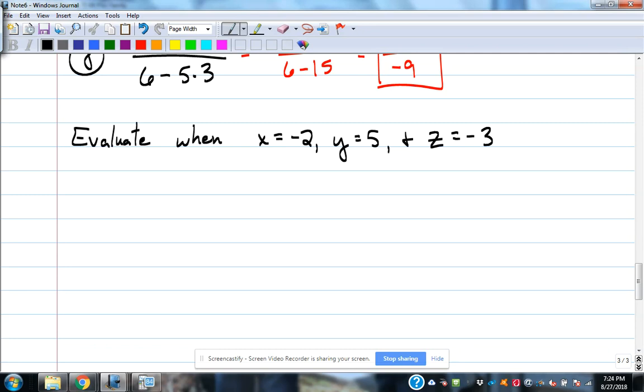So we're going to deal with some variable expressions. Got the letters in there now. -4x squared minus 7y plus 4z. That's our expression that we're going to evaluate using these variables.